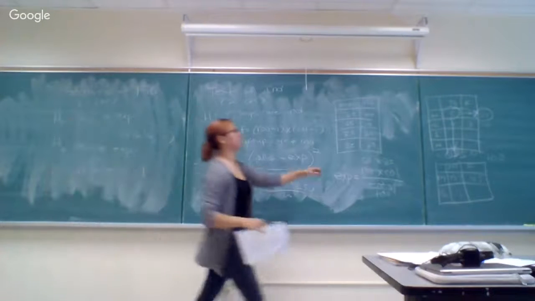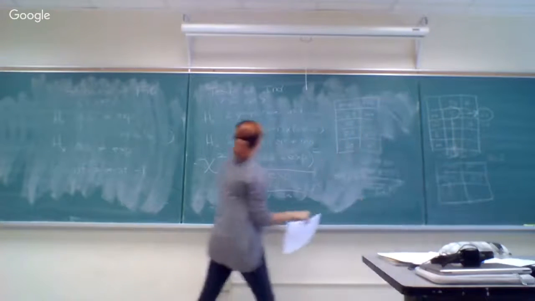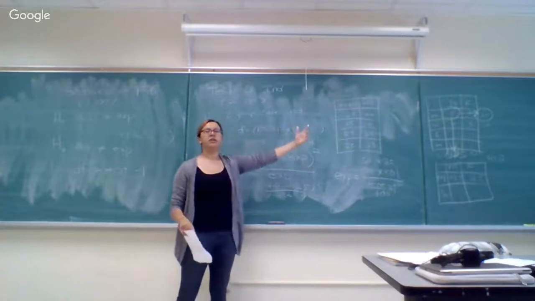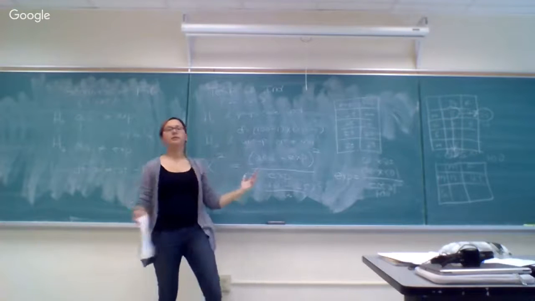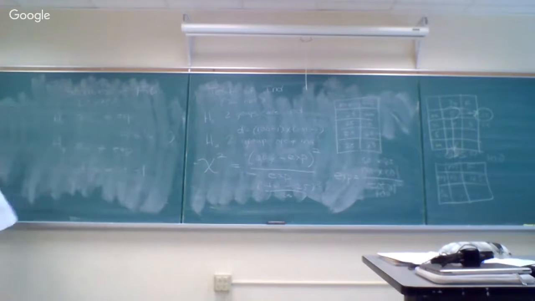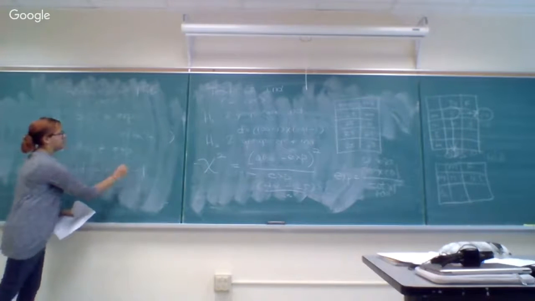In this case, we have 4 rows and 2 columns, so it would be 3 times 1, which is 3. So the degrees of freedom is the same in this case. Yep. Wait, what does that say? The degrees of freedom equals? The number of categories minus 1.